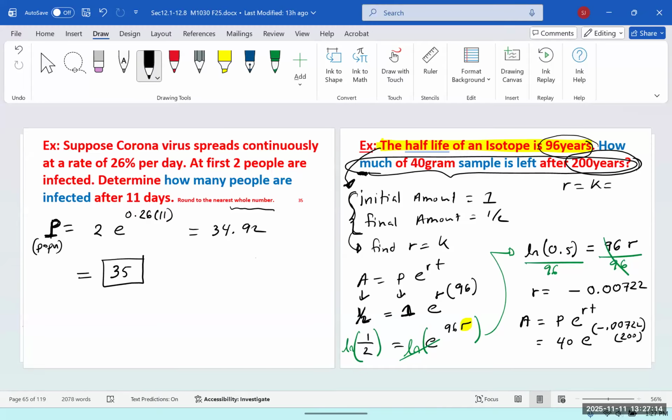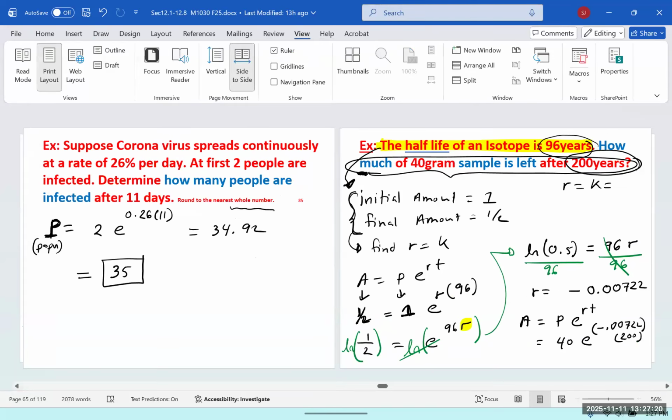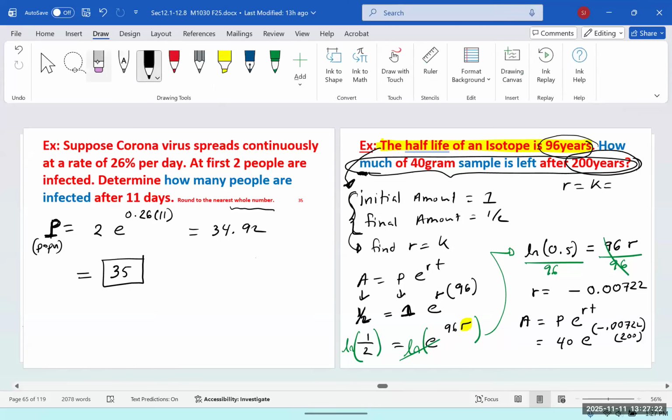So it's 40. Let me write a little bit closer. The initial amount is 40. This is what they're telling us. Today we have 40 grams. e to the, our rate is negative 0.00722, and we waited for 200 years.